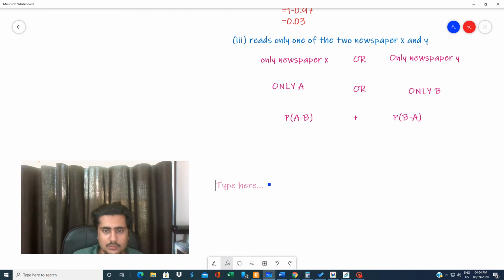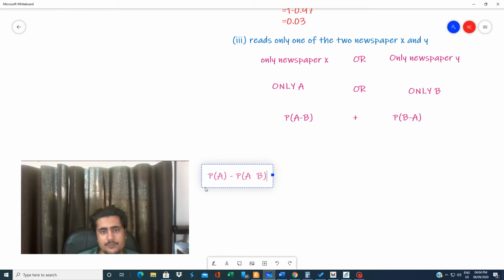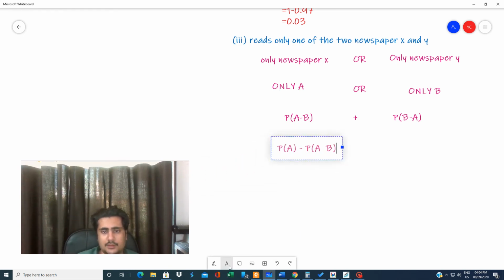Now this A minus B is P of A minus P of A intersection B. Okay. Then this plus will be here as a plus sign.